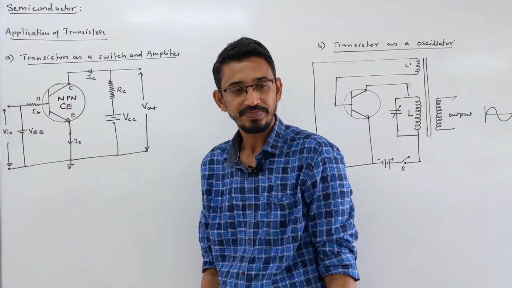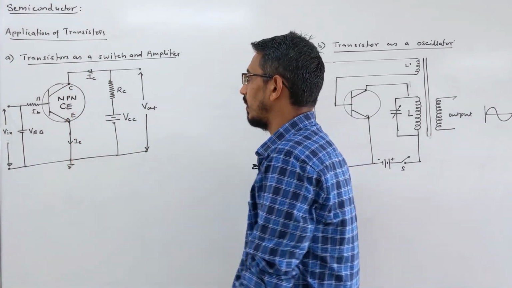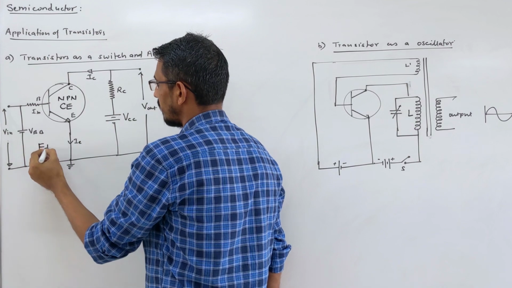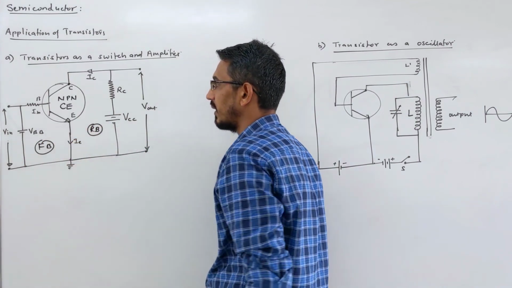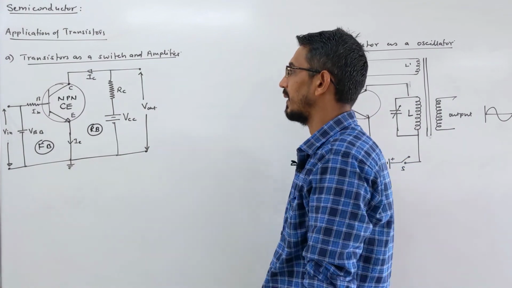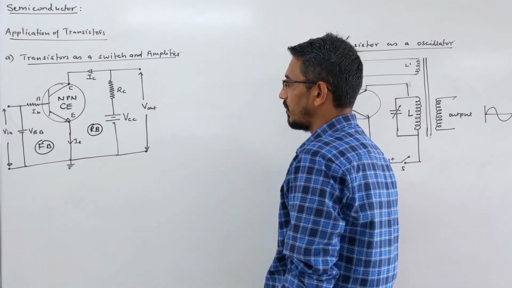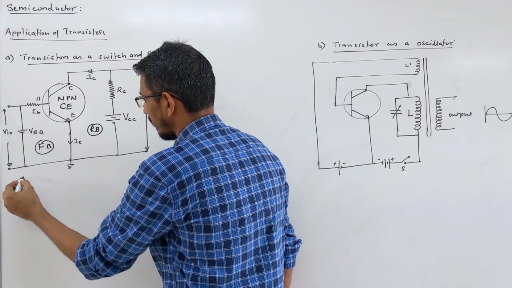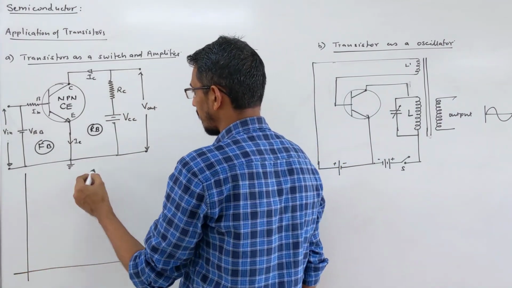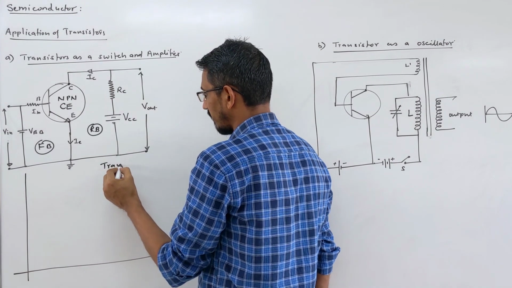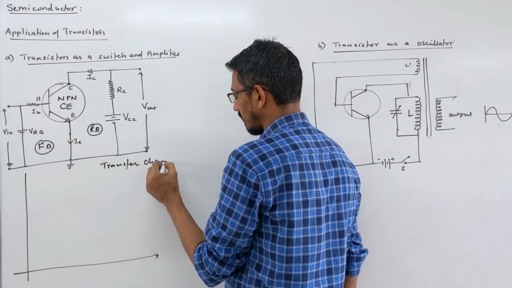Now we already know that the input side is forward biased, and this side is reverse biased. Correct. Now what happens if I draw a graph? To understand the working of this, we are drawing a graph. This graph is called transfer characteristics.